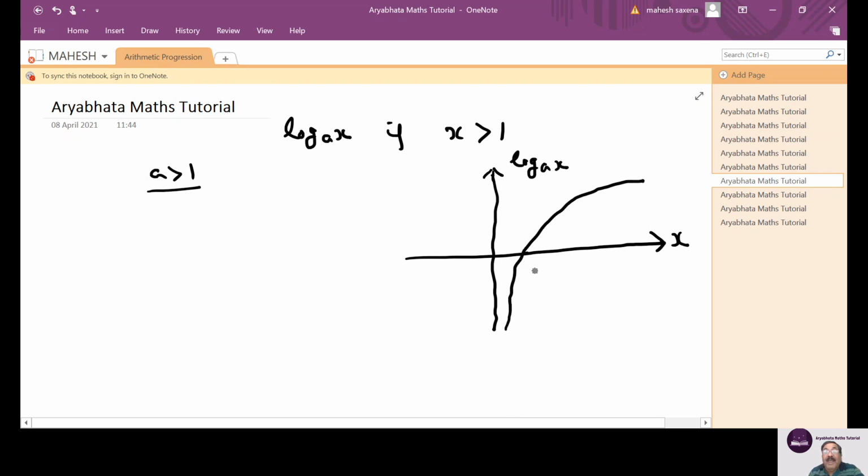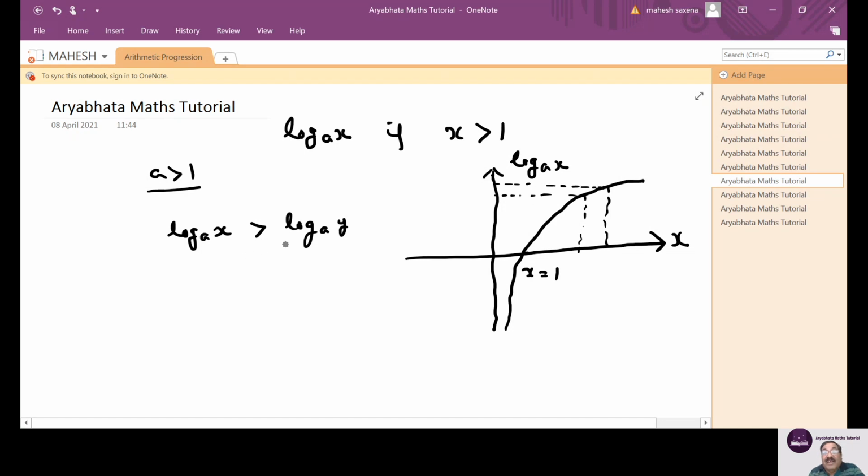And this point will be x equal to 1. Now suppose in this case log base a of x is greater than log base a of y. Suppose two points are here, these values of log base a of x and log base a of y.